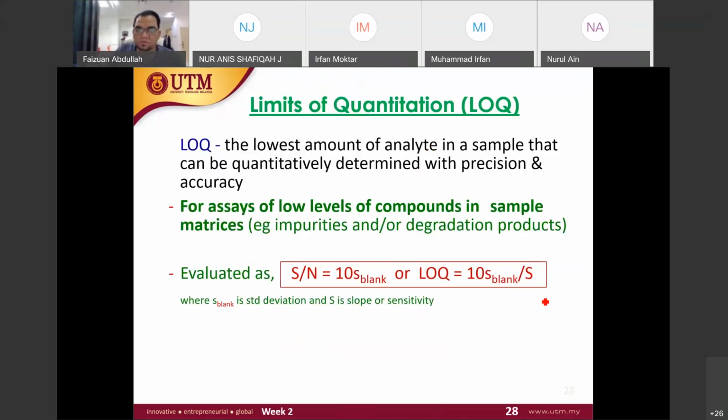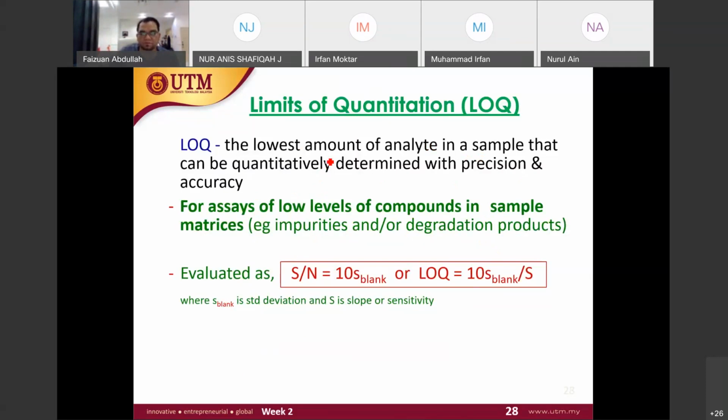Now the limit of quantitation, LOQ. LOQ is the lowest amount of analyte in a sample that can be quantitatively determined with precision and accuracy, for assays of low levels of compounds in sample matrices, for example impurities and degradation products.